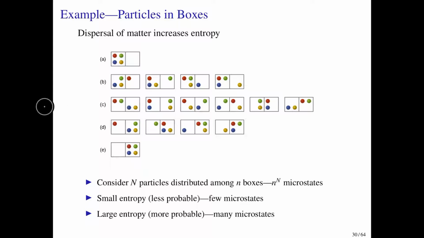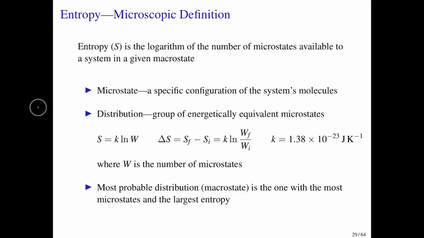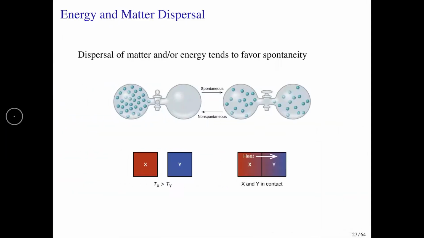For example, I'm going to skip back to the last section and make a connection to this figure here. We talked about in the last video that there is a tendency for material systems to evolve into a state where you have the greatest distribution of matter throughout the system.